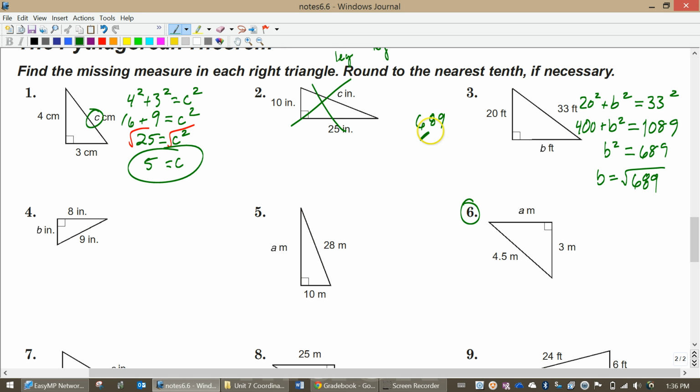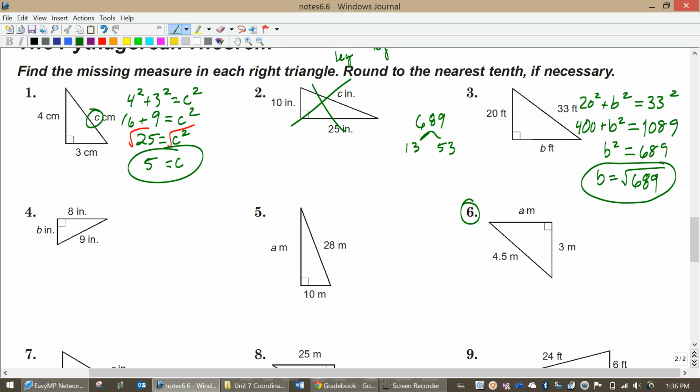We pull out the prime factors, right? We look for sets of 2. I'll tell you that this one in particular divides by 13 and 53. And that just doesn't reduce any further. So this one's actually done. You can't reduce it any further.